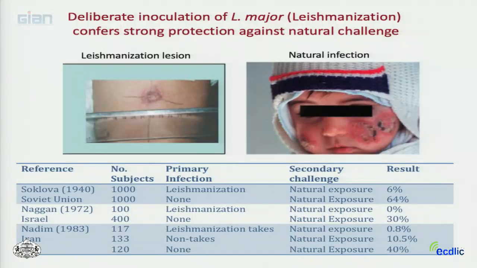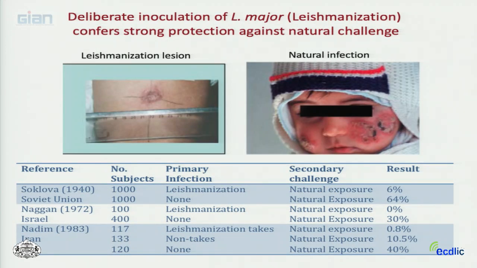This Leishmanization was started a long time ago, so I think it probably started in the former Soviet Union. Here's a controlled trial in 1940. They took 1,000 subjects and Leishmanized, needle injected these cultured parasites in 1,000 of them, and 1,000 were controls.